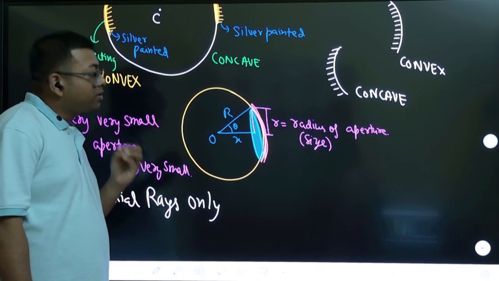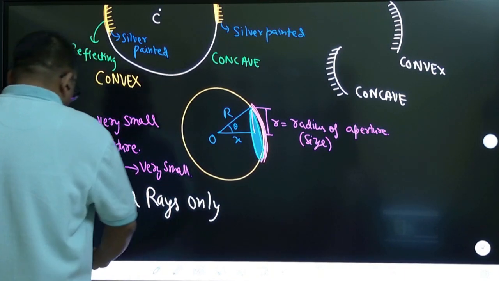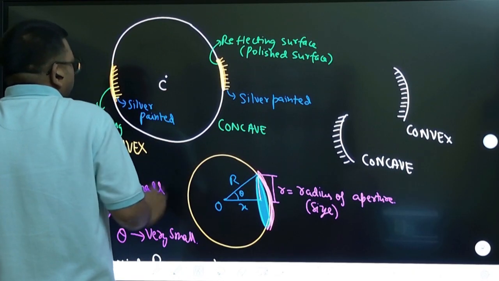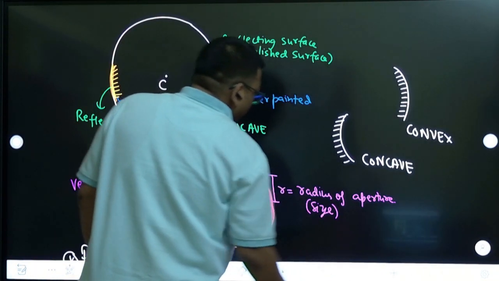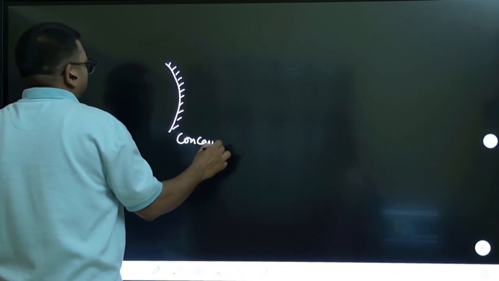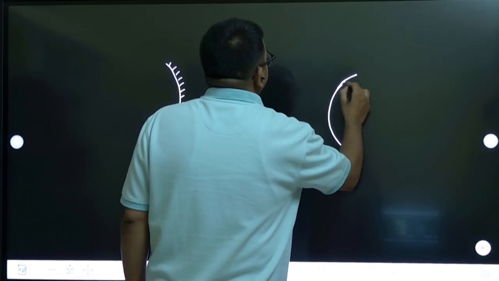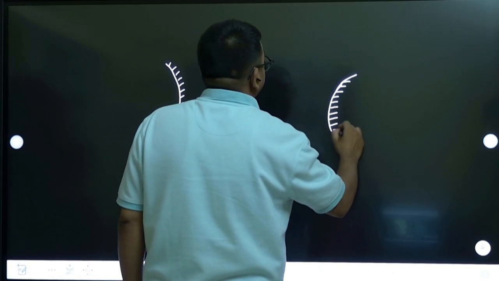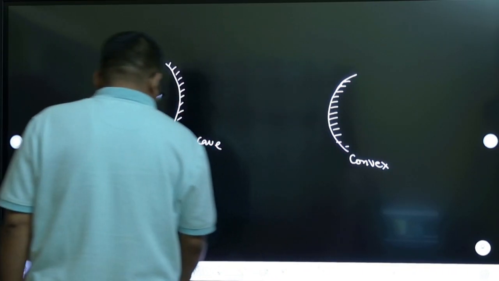First of all, there are some important terms that we can note in this diagram. Let me draw another fresh diagram of spherical mirrors. Let us consider that this is a concave and this is a convex mirror.